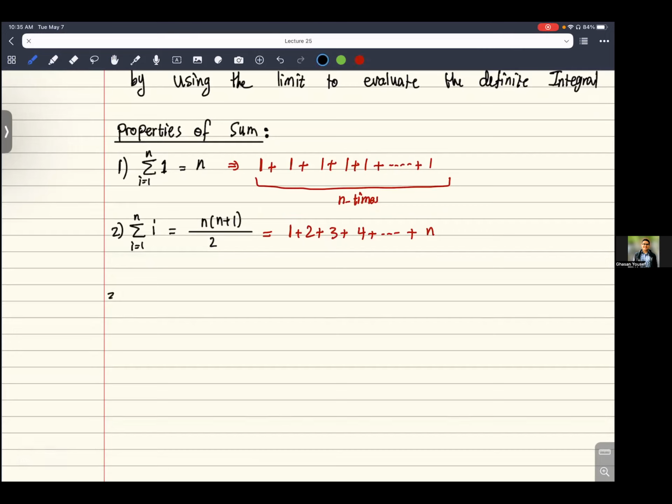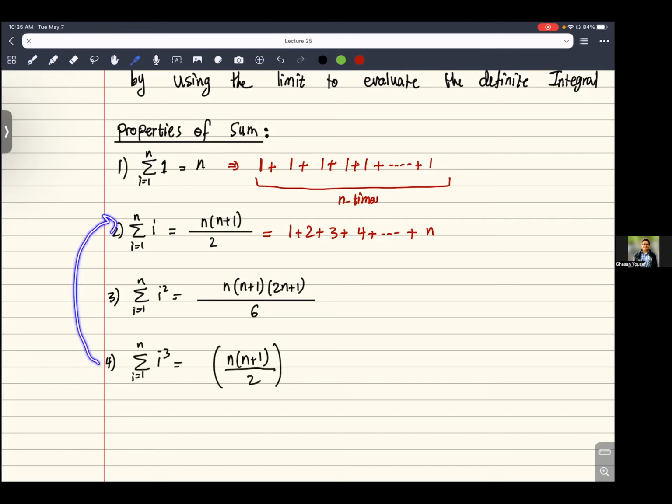Number 3, the sum of i squared, i from 1 to n, is the same as n times n plus 1 times 2n plus 1 over 6. And number 4, the sum of i to the power 3, i from 1 to n, is the same as n times n plus 1 over 2, squared.